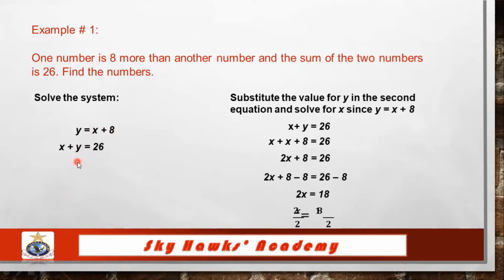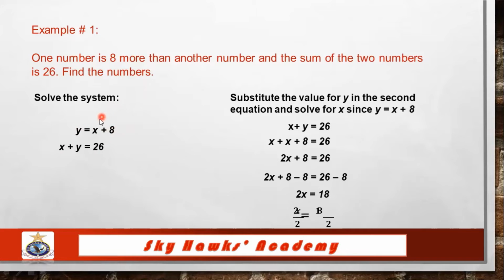Now, the first method is called the substitution method. We will have to substitute the value of y from this equation into this one, and definitely we will get an equation in one variable. We will get the solution for that, and once again we will make use of the other equation.